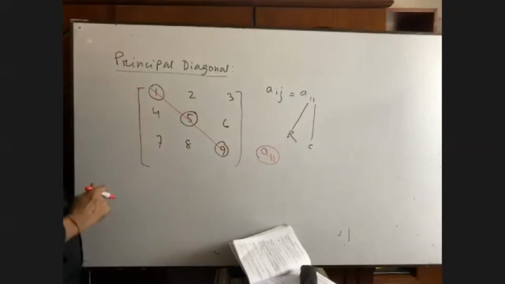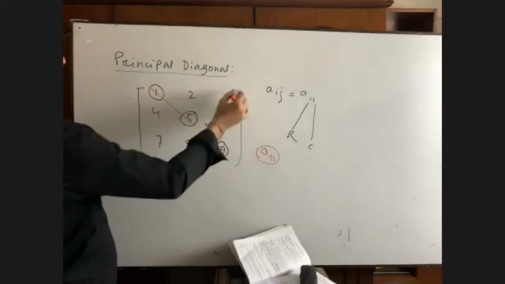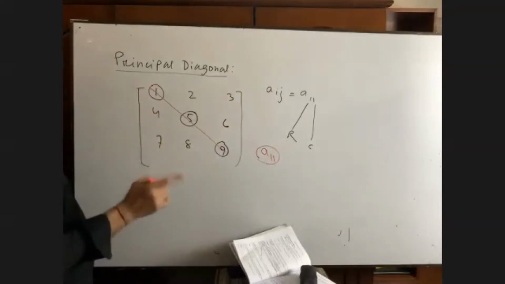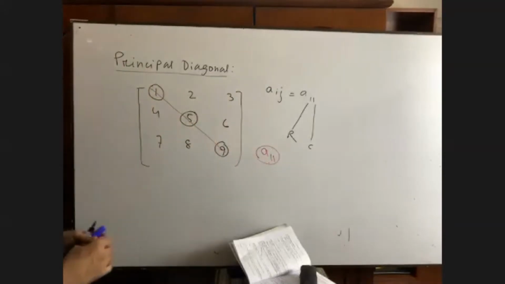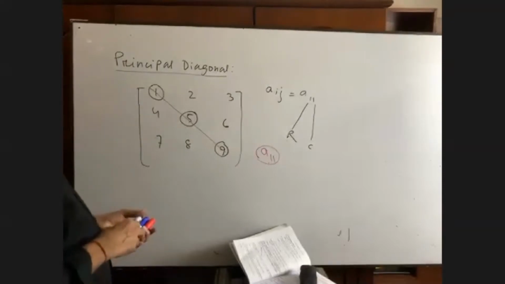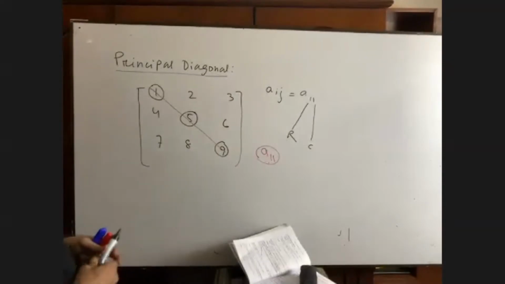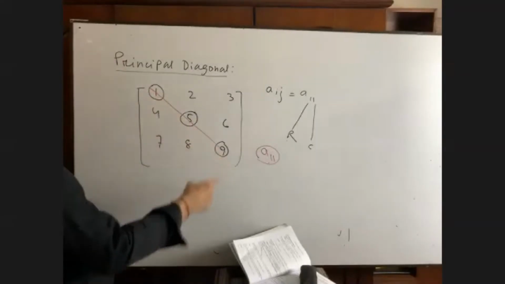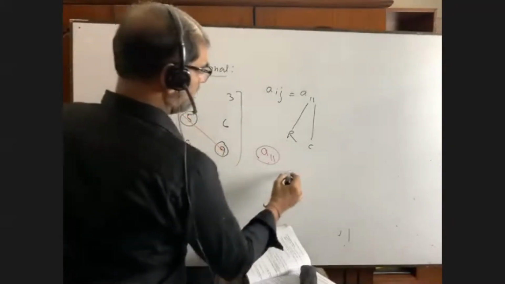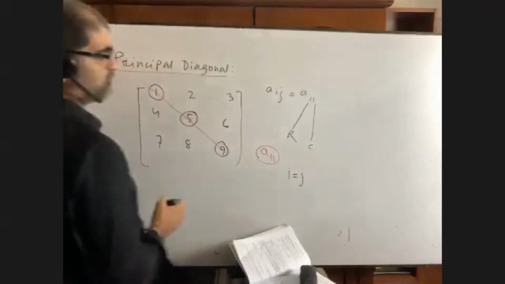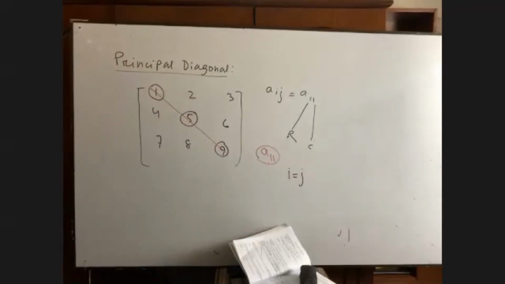There are two diagonals here, and the diagonal which starts with A11 is called the principal diagonal. If you have failed to understand, please talk to me. Along this straight line, i equals j.